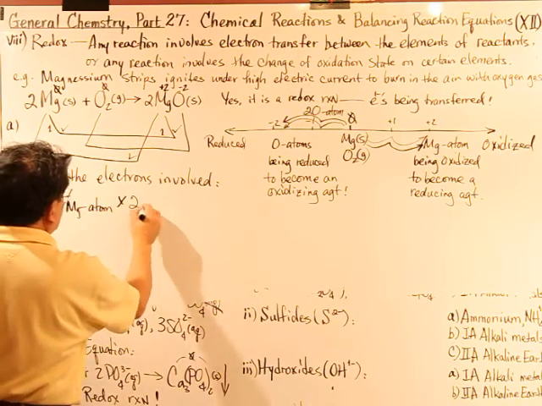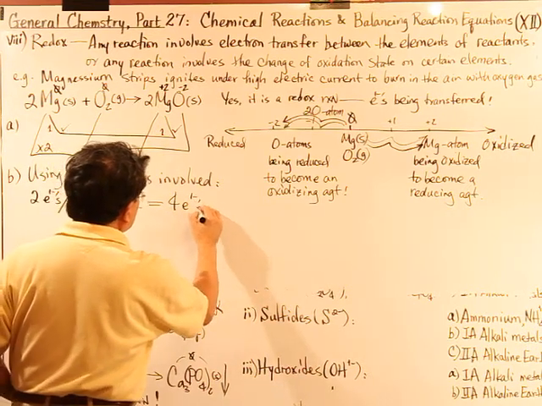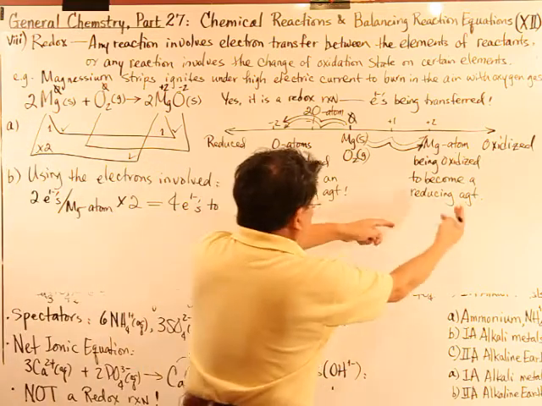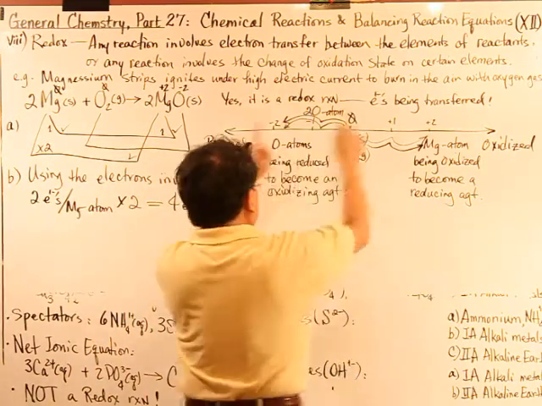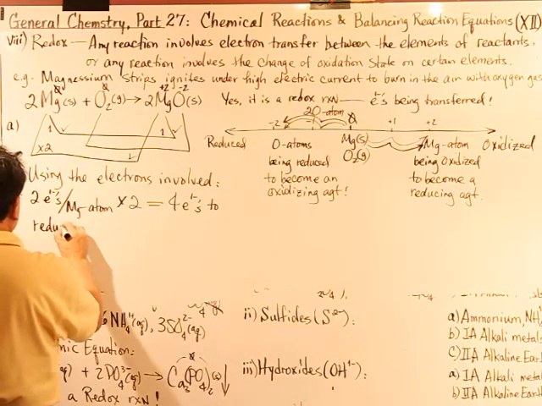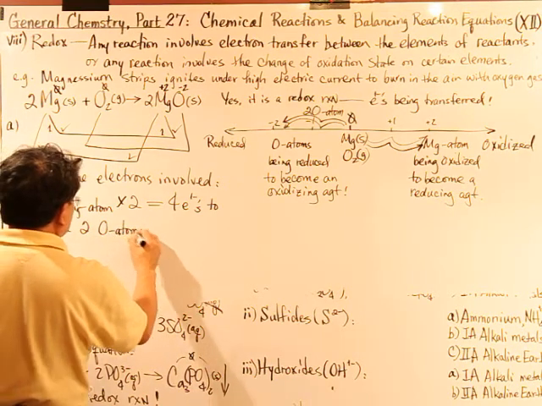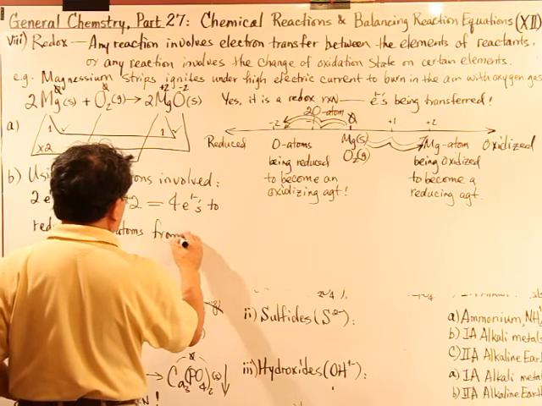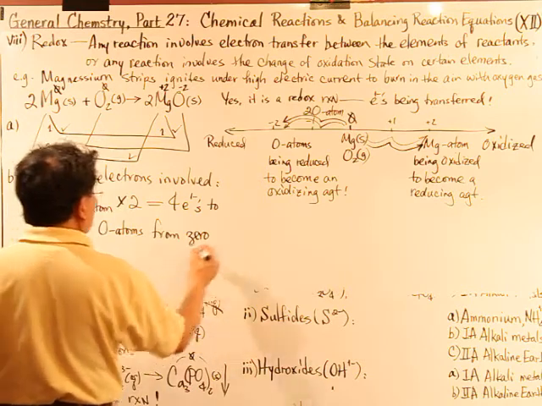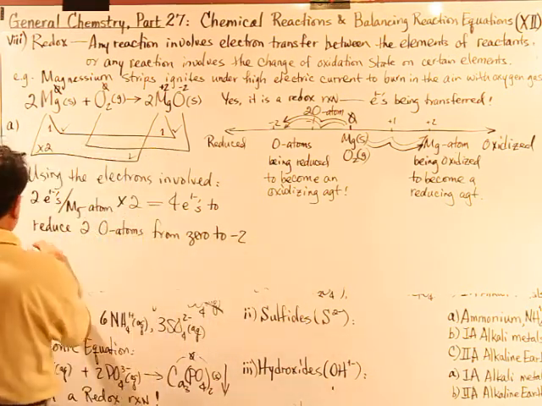You have to multiply by 2, which gives you 4 electrons, to act as the reducing agent to reduce 2 oxygen atoms from 0 to -2 each.